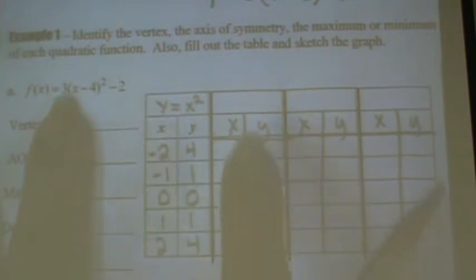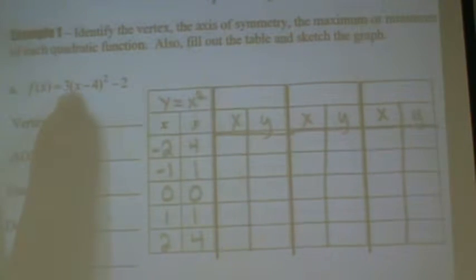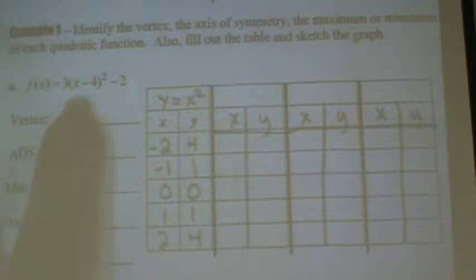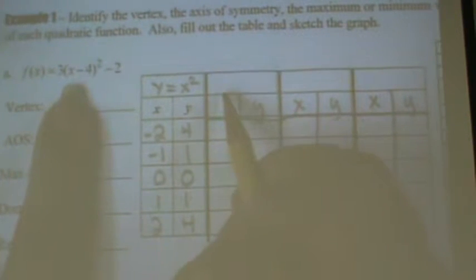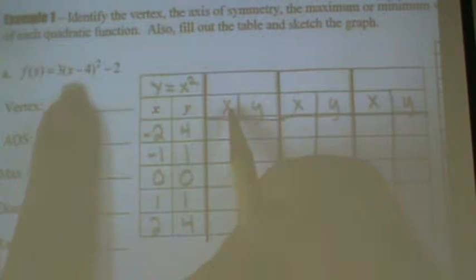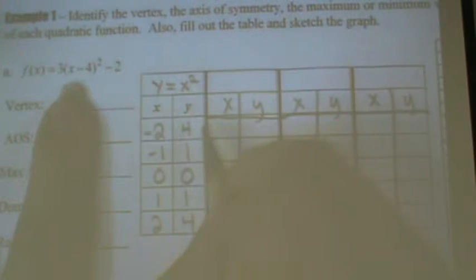Okay, so we're going to do each transformation separately so you can see what's happening. So start with b, this number right here. And I have a little box here for you to write in your own words. You're going to take these x values and add 4 to them. This is the one where you do the opposite, because it says -4.